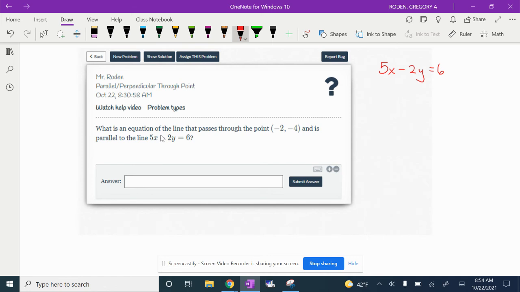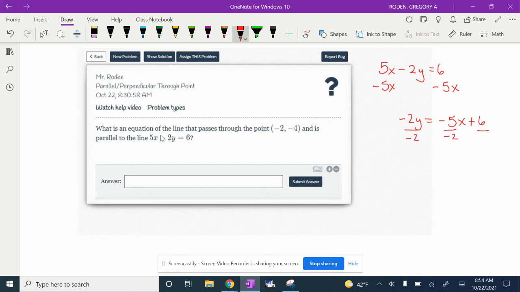So to get its slope, I need to put it in slope-intercept form. So now I'm going to subtract 5x from the left, and I'm going to subtract 5x from the right. That gives me -2y equals -5x plus the 6 that was already there. Okay? So then I'm going to divide everything by -2.